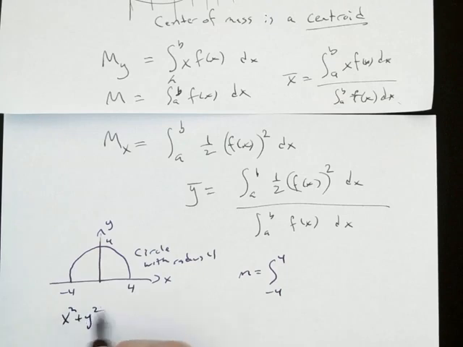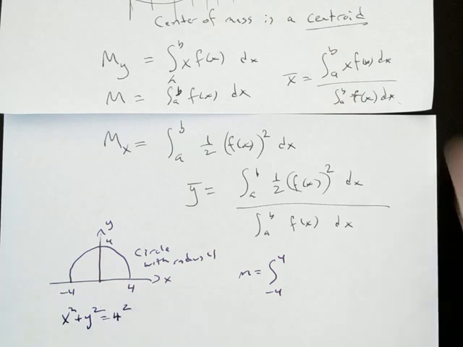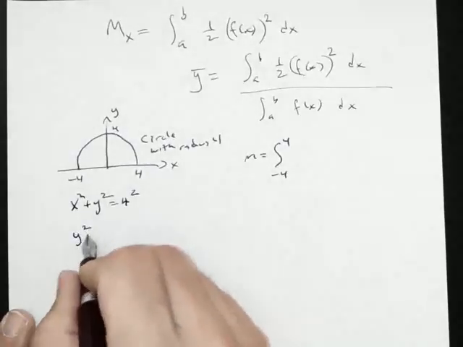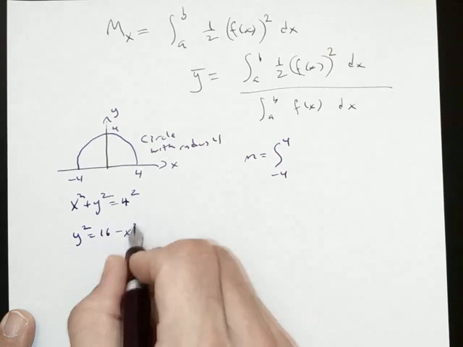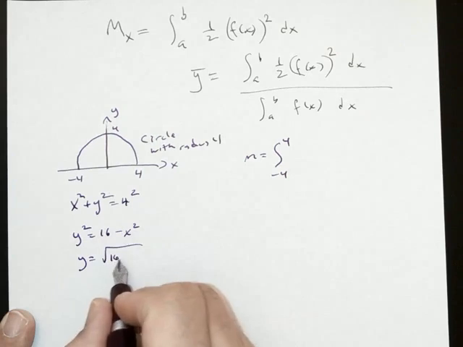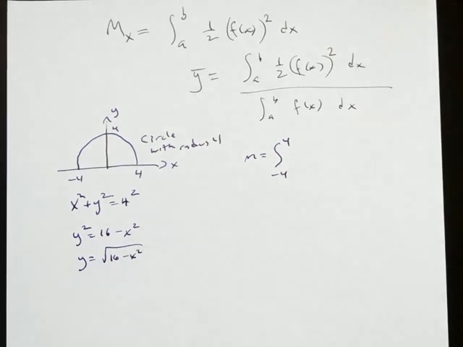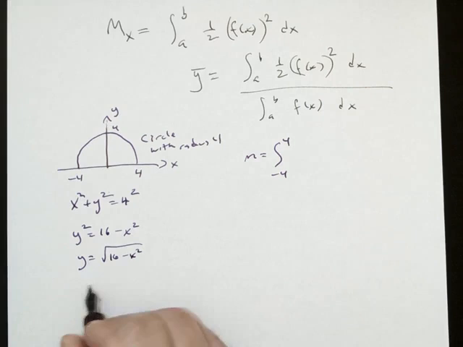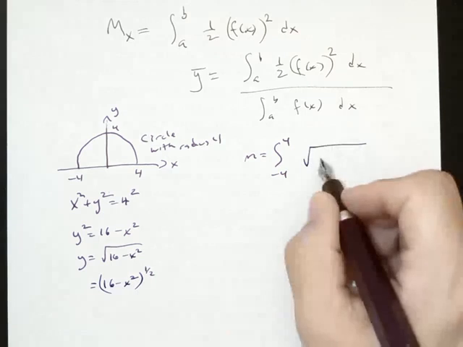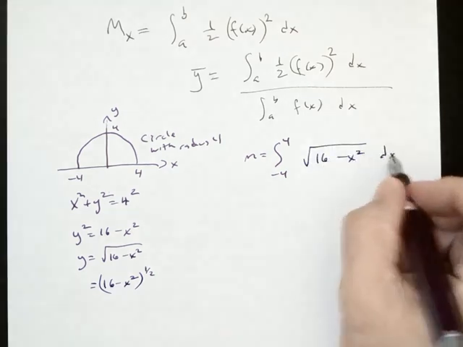So it would be x squared plus y squared equals the radius squared. If I rewrite it, I get y squared is 16 minus x squared. When I take the square root, it's the square root of the whole thing, Leo, and I cannot simplify the square root down. The square root of 16 minus x squared. But for the moment, I'm going to write it just like that.